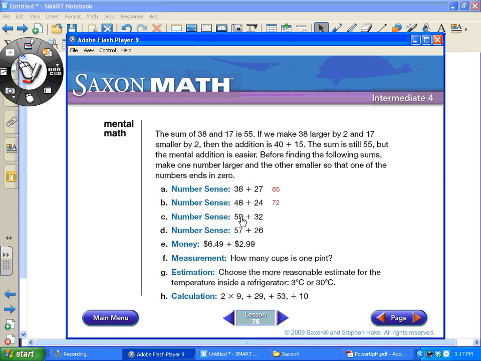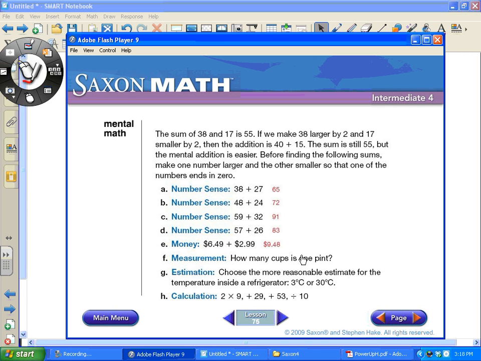Okay, let's go up 1 to 60 and down 1 to 31. 60 plus 31, 91. Okay, let's do 57, up 3 to 60. Now let's go down 3 over here. 60 plus 23, 83. Okay, for money, let's pretend that this one is $3, and we will take off a penny when we're done. So add $3 on, and now take away a penny, and you've got $9.48.